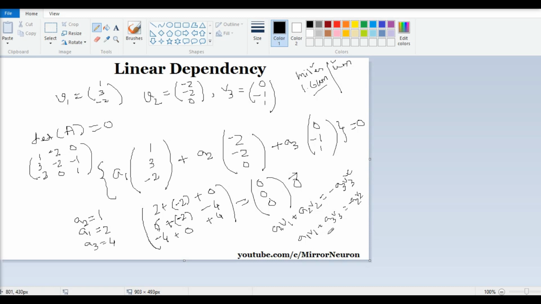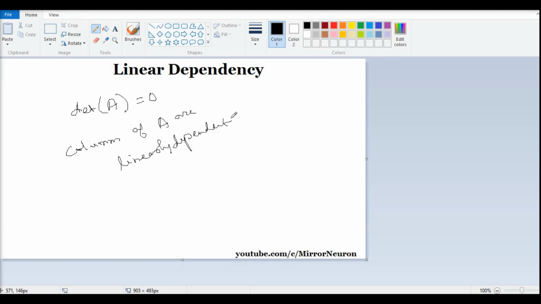So it gives me an indication that if the determinant of A is equal to 0, then the column vectors are linearly dependent. So this is one rule which you should keep in mind. To summarize, just by calculating the determinant of a matrix, if it is equal to 0, we can say that the columns of that matrix A are linearly dependent.